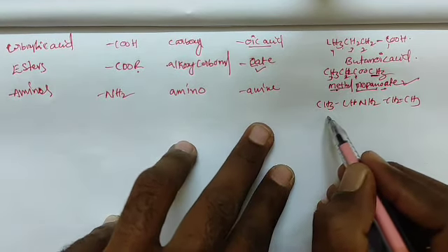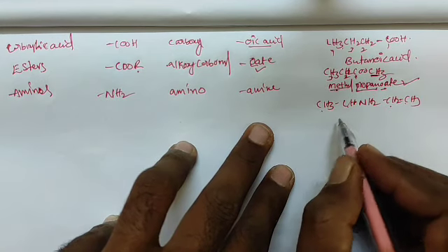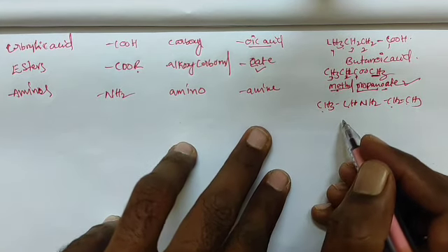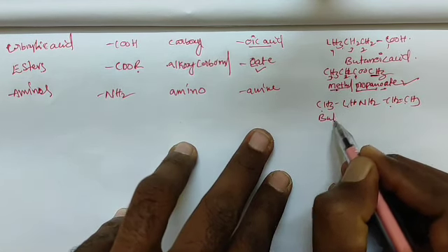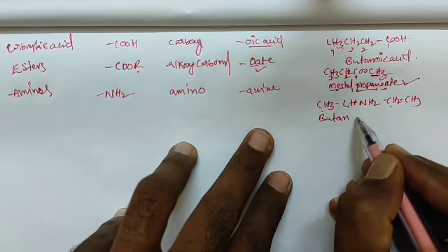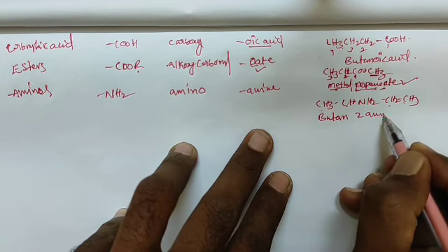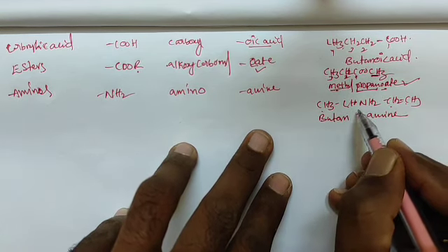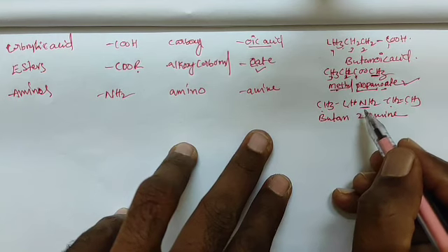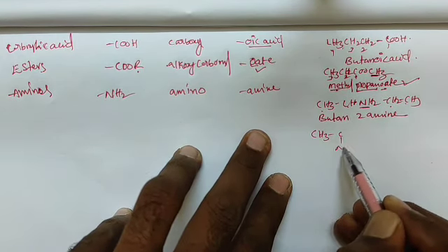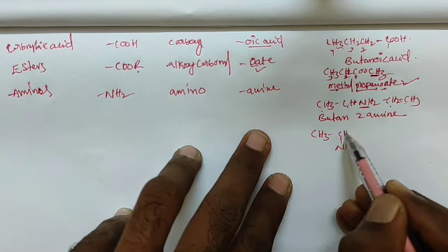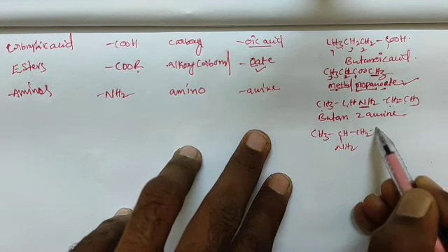Here 1 2 3 4 carbons, so butane, 2 amine. The second carbon has this group. The expanded form is CH3 CH NH2 CH2 CH3.